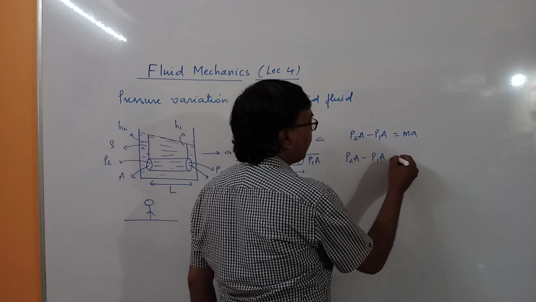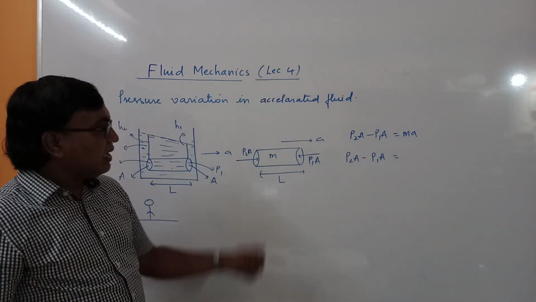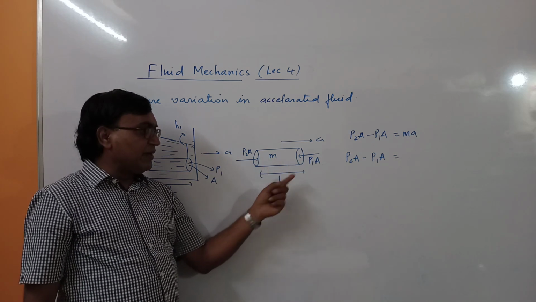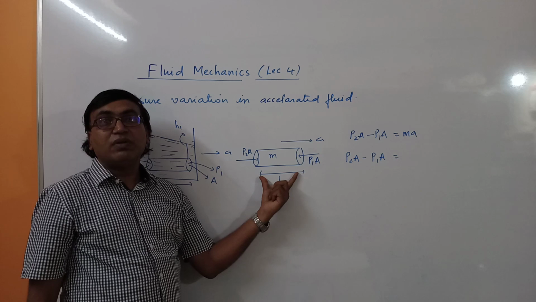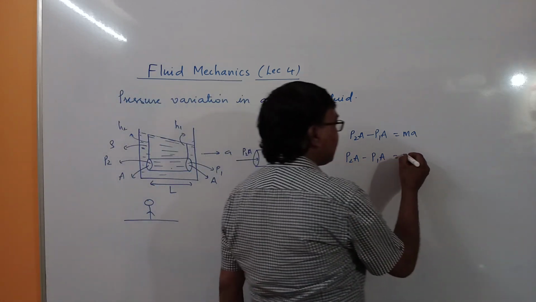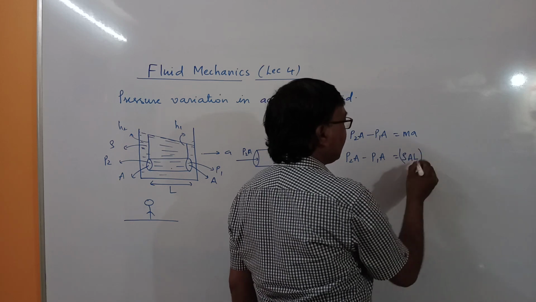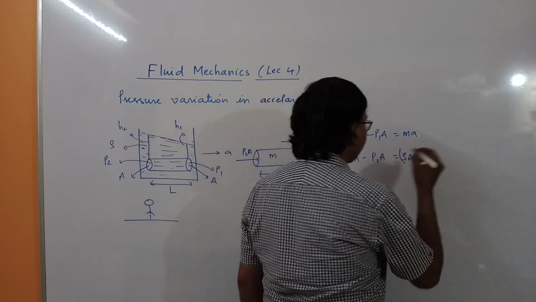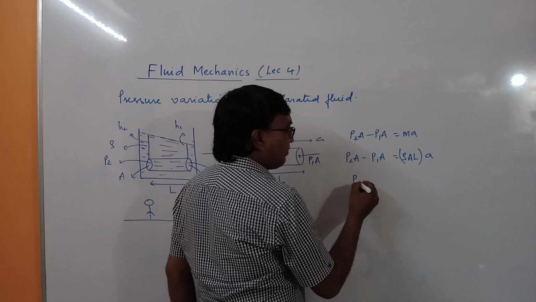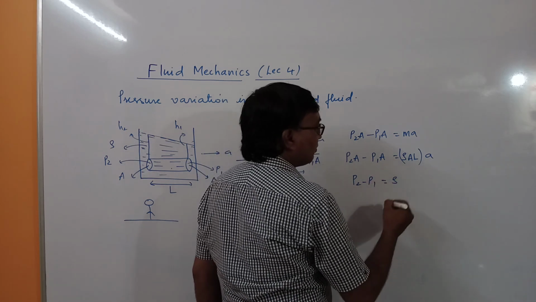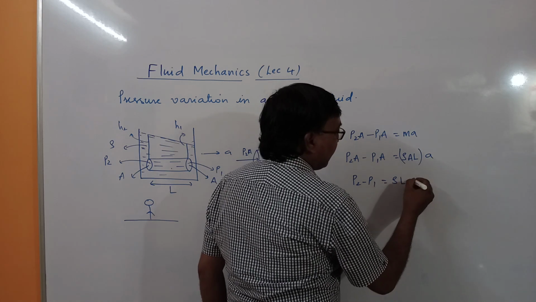Mass can be written as density into volume, and the volume of this imaginary cylinder is area of cross section into length. So density, area of cross section into length is the mass, into acceleration. So now we get P2 minus P1 as rho L into a.